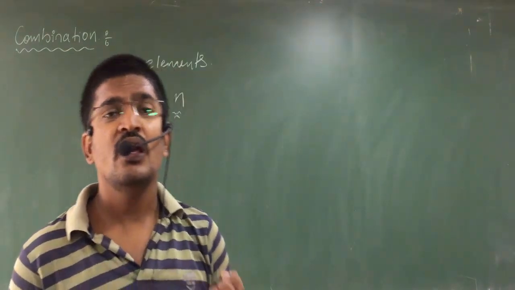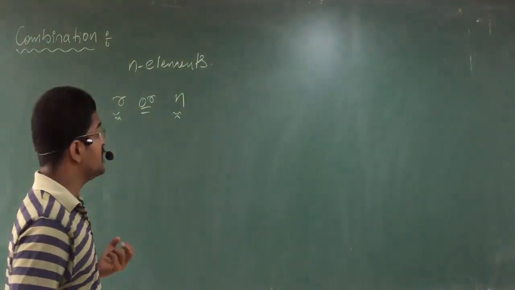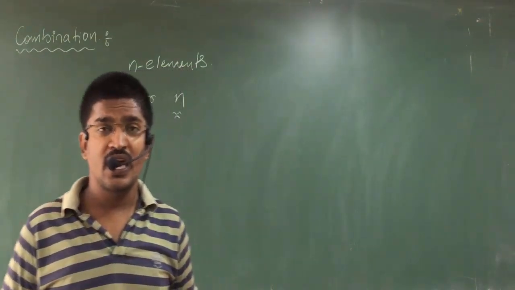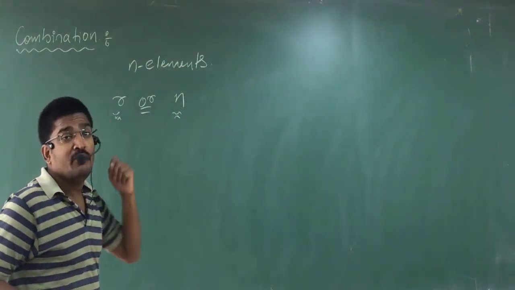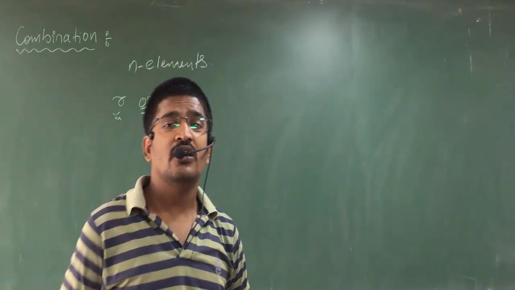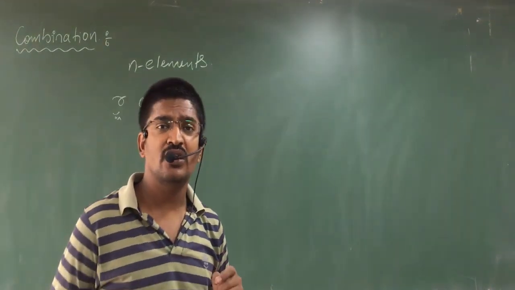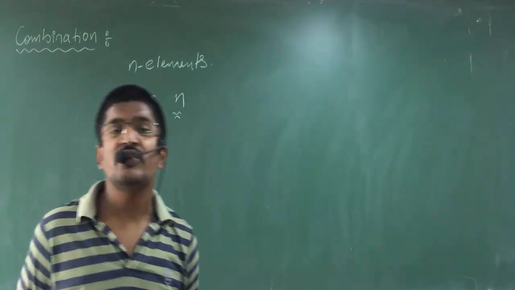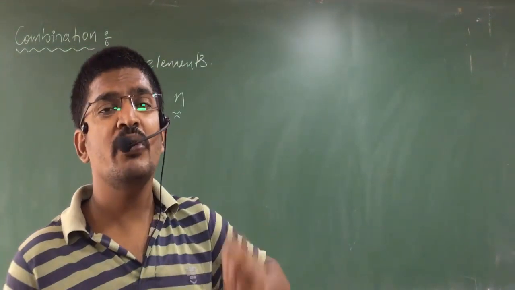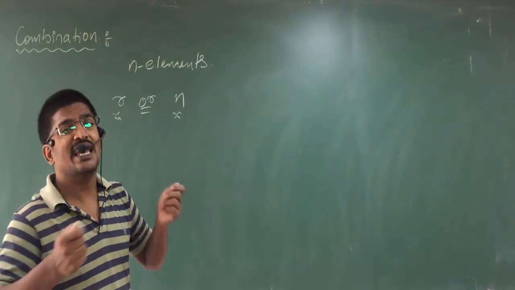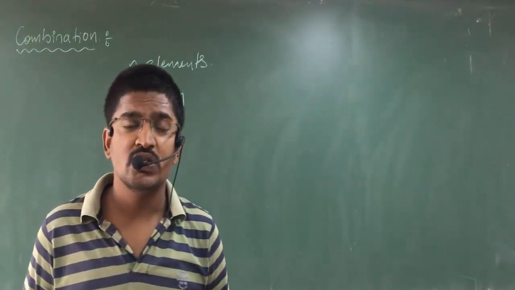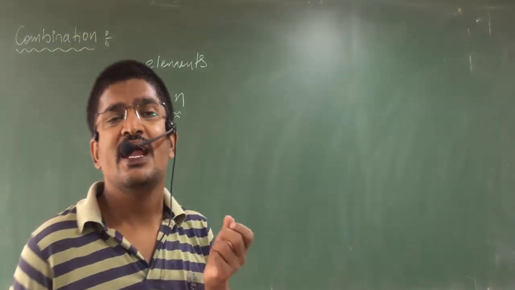That is your combination. Combination means making the groups of the elements from the given elements. So permutation was arrangement of the elements, but combination is grouping the elements which you have.